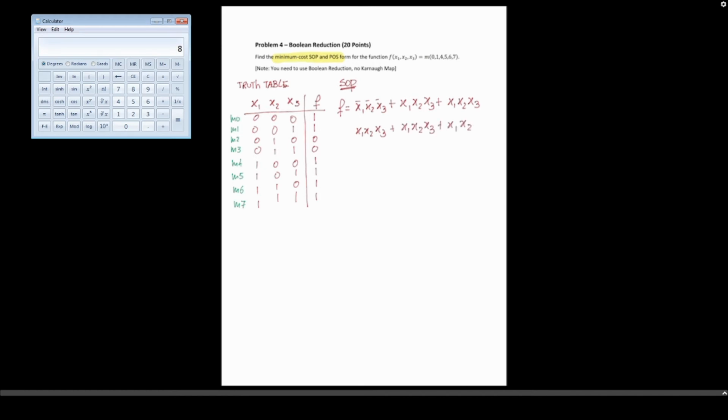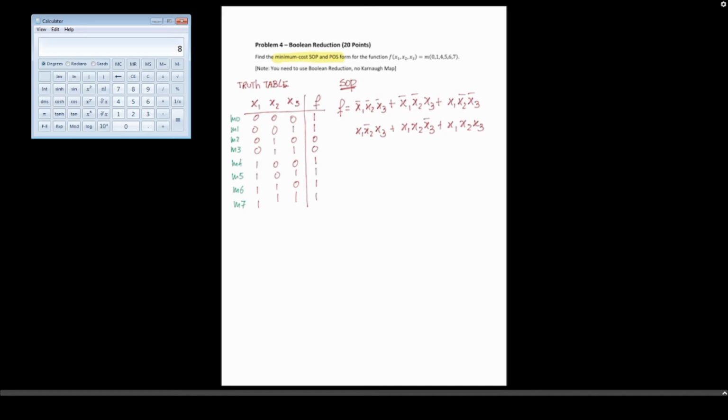Alright, and I put the negations. So this one is going to be 0 0, this one is going to be 0 0 over here, this one is going to be 0 on x2, then negation on x3, and the last one all ones. Perfect. Alright, let's simplify these ones, see what we can do.